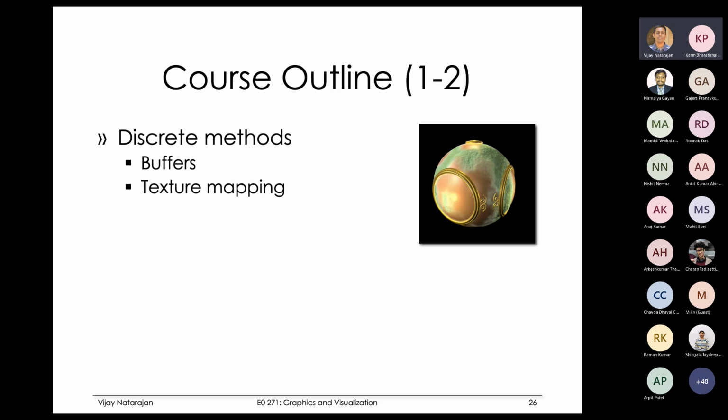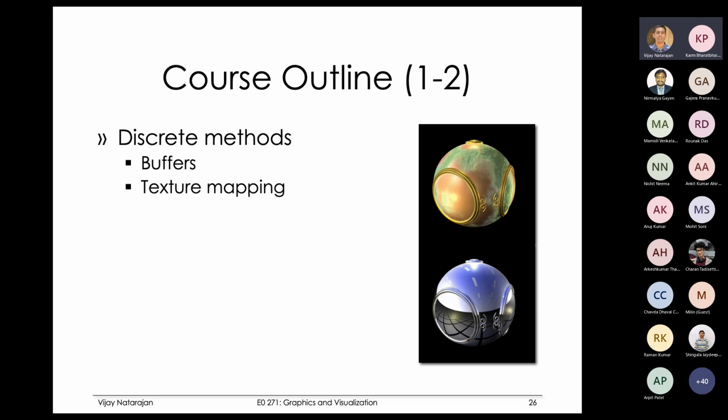Texture mapping is one way to design and render such oxidization effects. If you want to make a mirror, which reflects everything in the 3D world, this can also be accomplished using this technique of texture mapping.